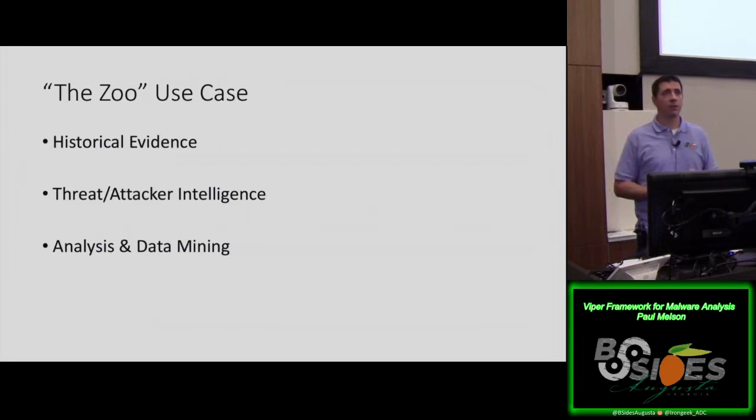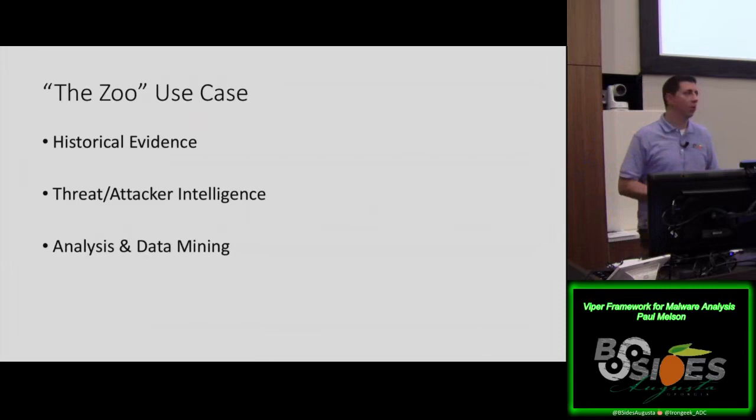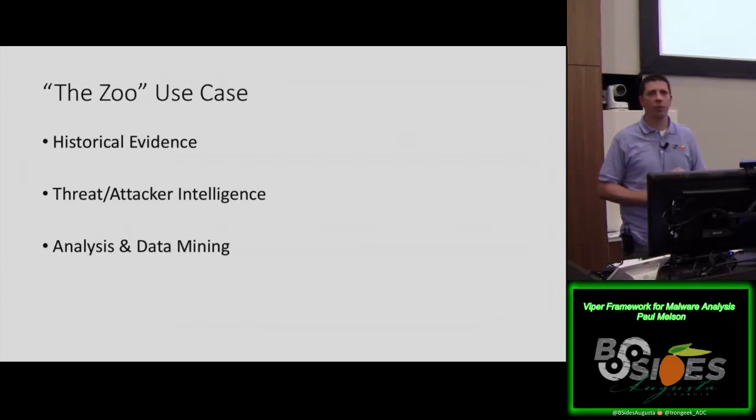Right? There are lots of individual tools that are better, faster for particular pieces of the puzzle. But what the framework really gives you is the ability to build a history of the malware that exists or that you found, either through information sharing and intelligence gathering from other sources, as well as what you find in your own environment.